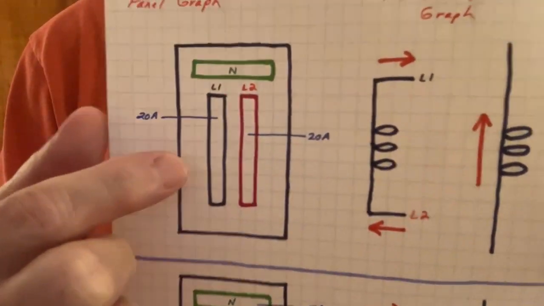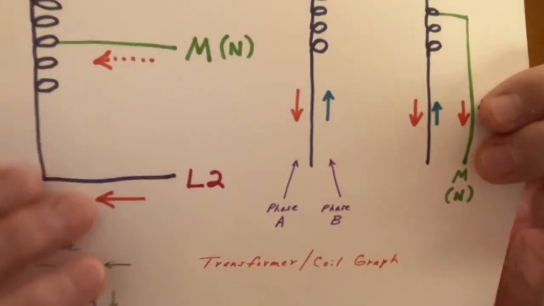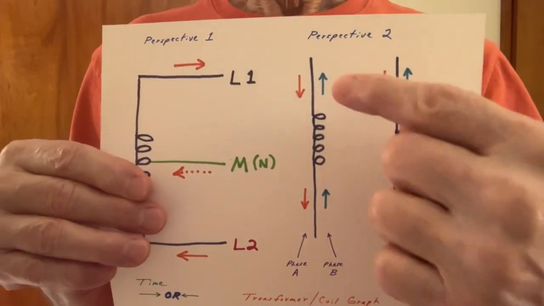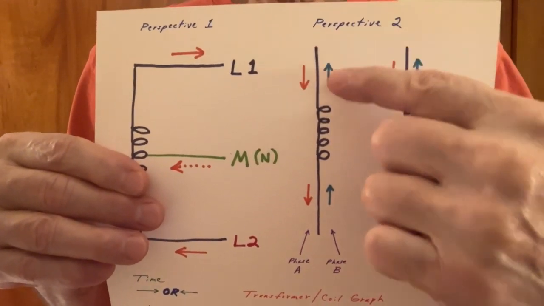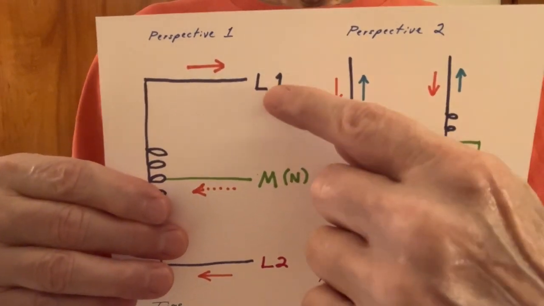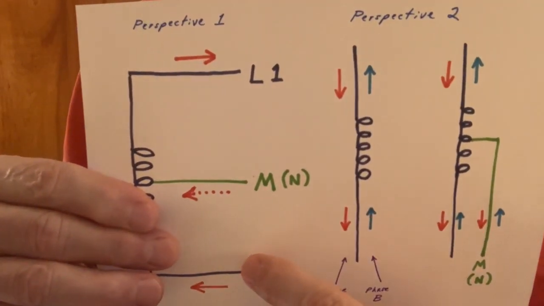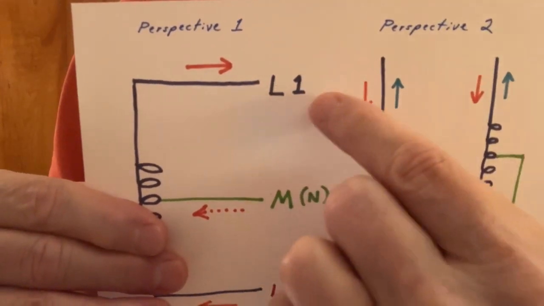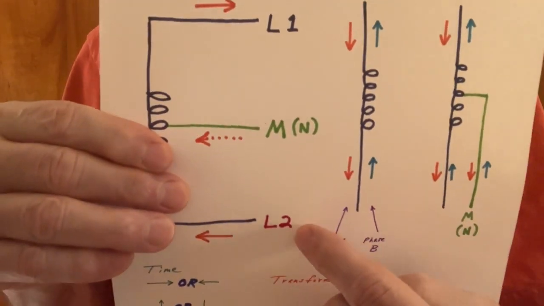This is even an illusion, because on your transformer or coil graph, what you have is just reference points. This is the end of the coil, and this is the other end. And magically, somehow, they become lines. That's what they're called, lines. This is your live line. They call it hot, which is a crappy term. Live, number 1. Live, number 2.